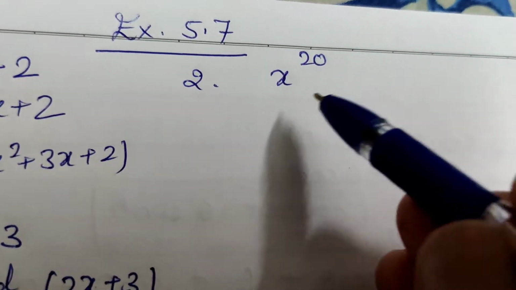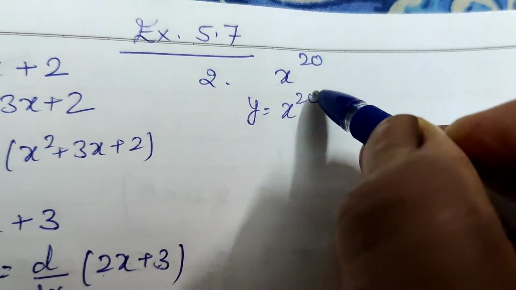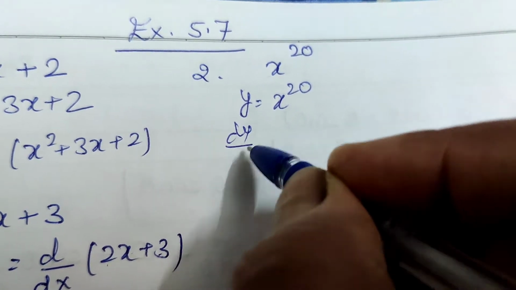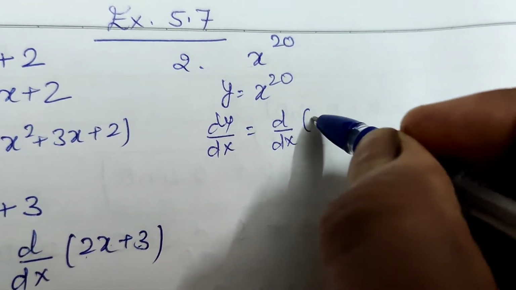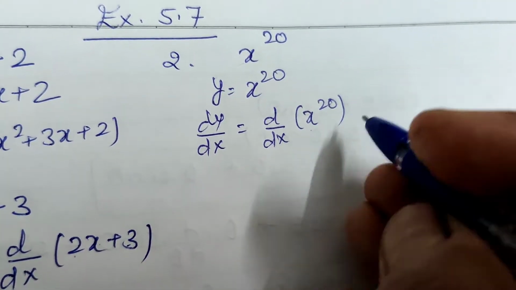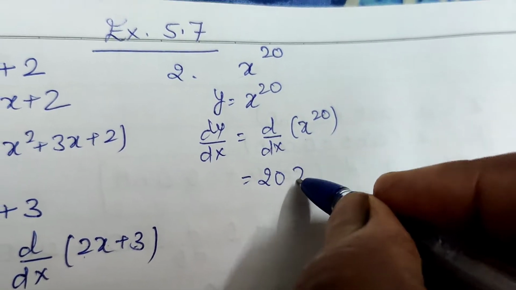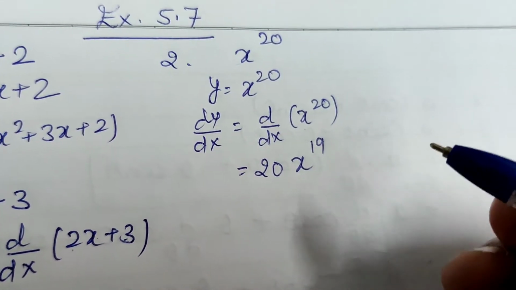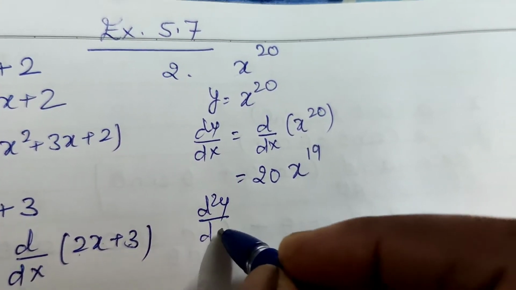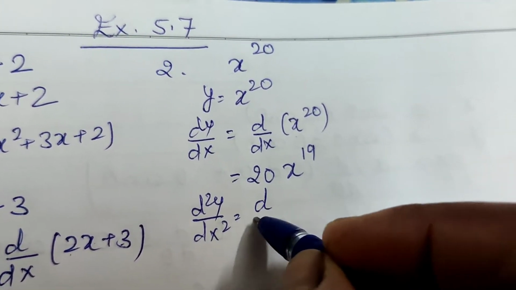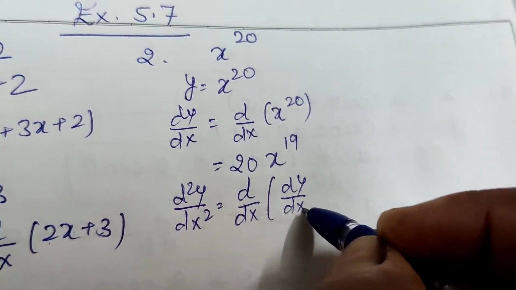The second question is x raised to power 20. It means y equal to x raised to power 20. First differentiate d over dx of x raised to power 20. By using the formula for x raised to power n, it is equal to n x raised to power n minus 1. Now again differentiate, d2y over dx square means d over dx of dy over dx.